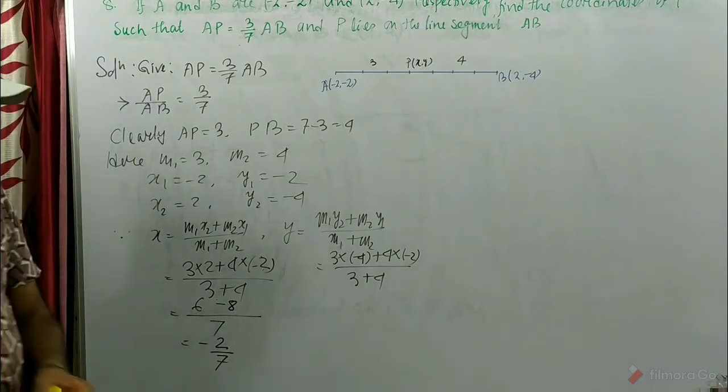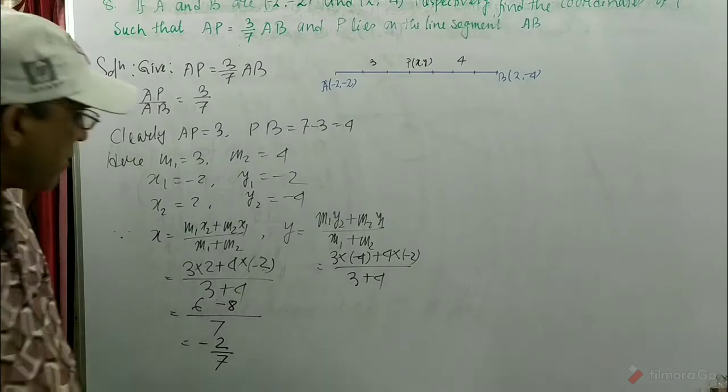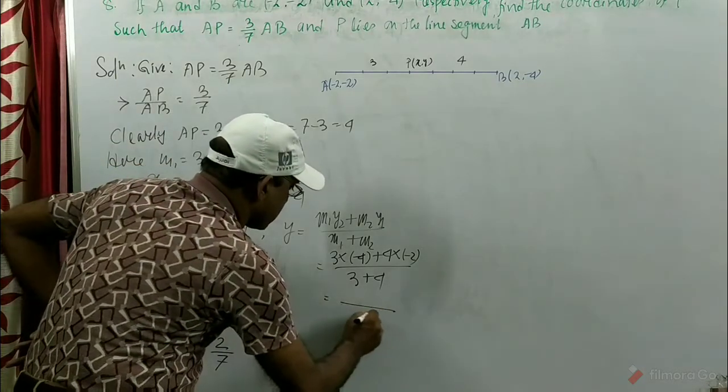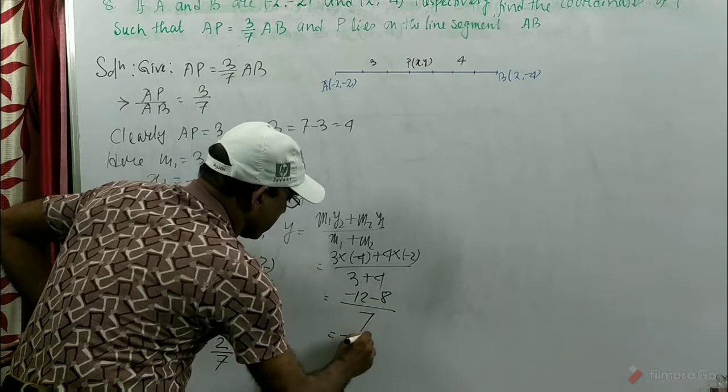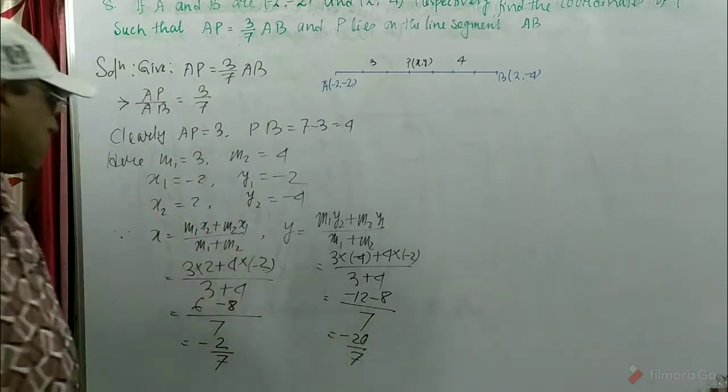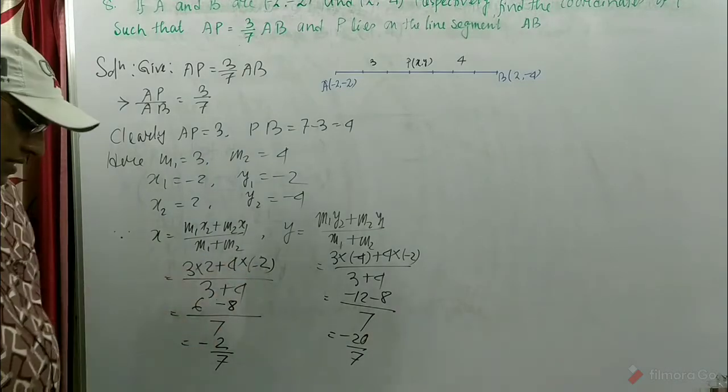We get this value is minus 2 by 7, and another value Y, the denominator is 7, minus 12 minus 8, this is minus 20 by 7. So this is our answer.